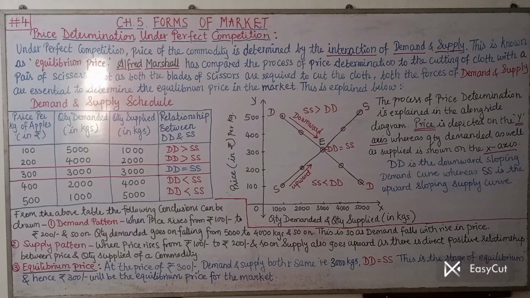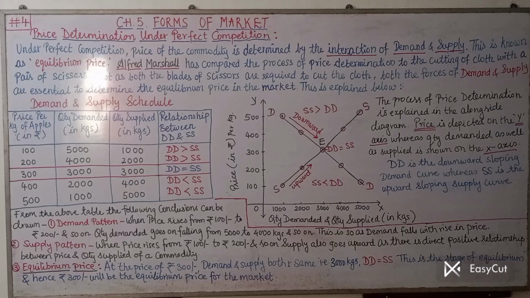Now in the second column, I'm talking about quantity demanded. Please have a look at the board. Quantity demanded at the price of rupees 100. In the table, it can be clearly seen that at the price of rupees 100 the quantity demanded is highest, that is 5000 kgs.